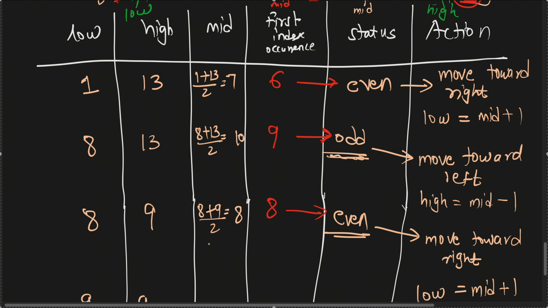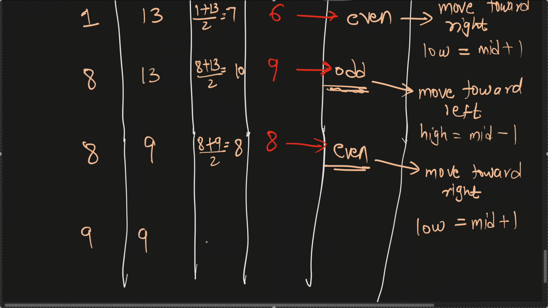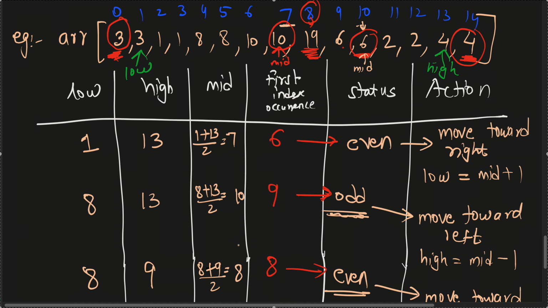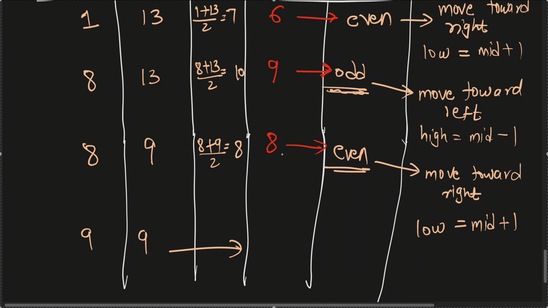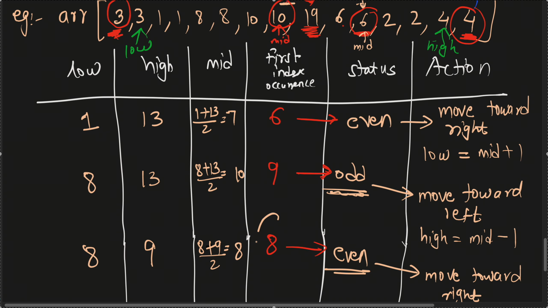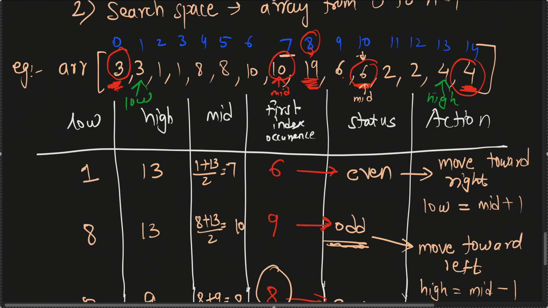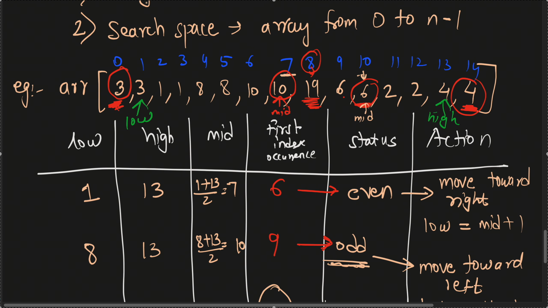And that means we have ended the loop, right? Now 8 is the unique element that we have to search, because in this array, the unique element that we wanted to search was nothing but 19.